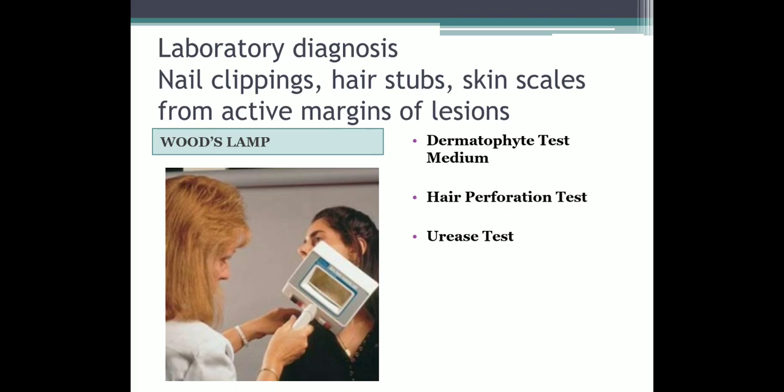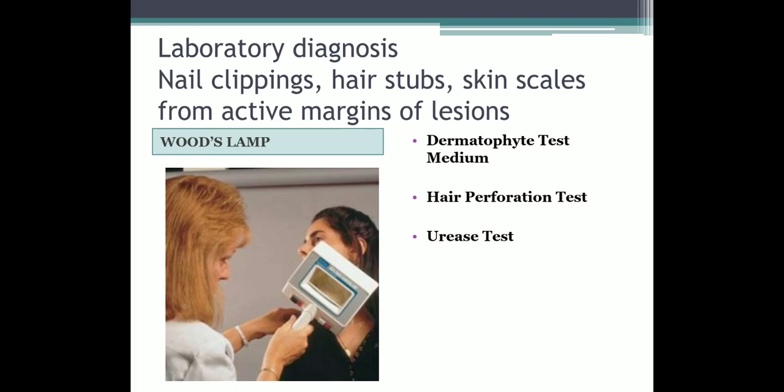Please note that the skin should be scraped properly and abundant skin scales must be obtained, and they must be transported preferably in black paper so that we can visualize these skin scales.